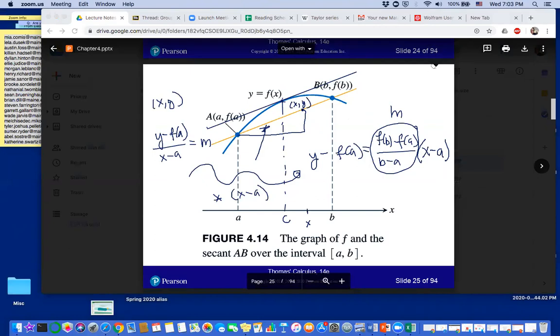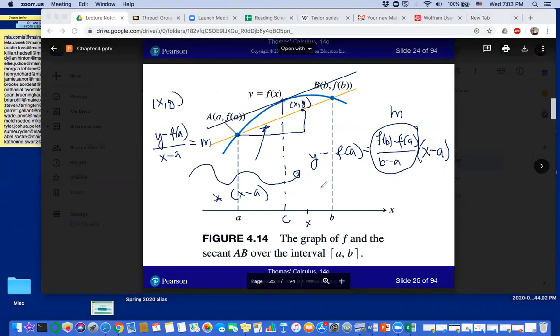Okay, so now I'm going to make a new function g out of this. I'm going to use this y, so y is equal to this. I'm going to solve for this y.